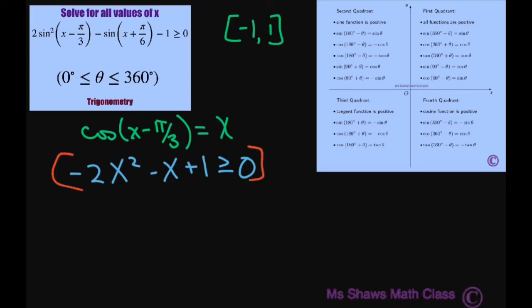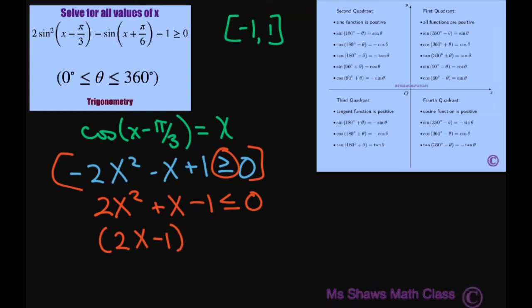Let's negate all of this, so we get 2X squared plus X minus 1, and if you negate, you have to flip the sign: less than or equal to 0. Factoring this, we get (2X minus 1) times (X plus 1) is less than or equal to 0.